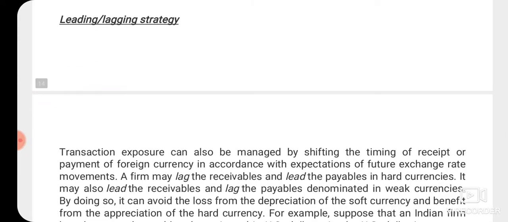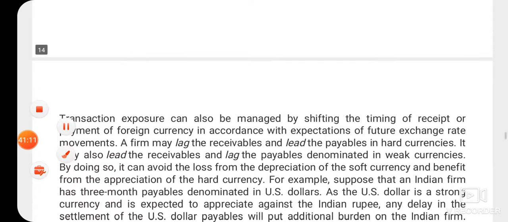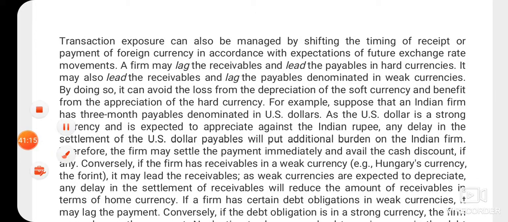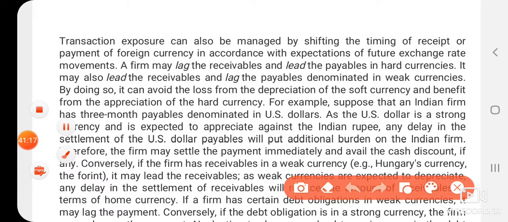Next, the final operational technique is the leading and lagging strategy. Let us see what is meant by it. Here, transaction exposure can also be managed by shifting the time of receipt or payment of foreign currency in accordance with the expectations of future exchange rate movements.